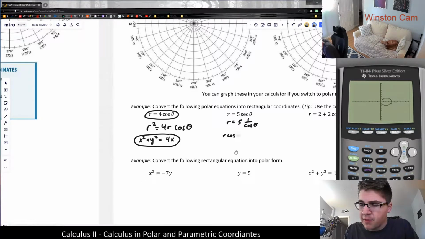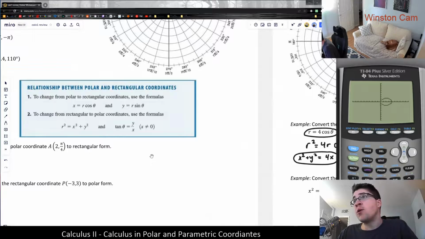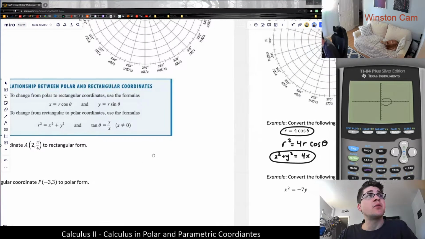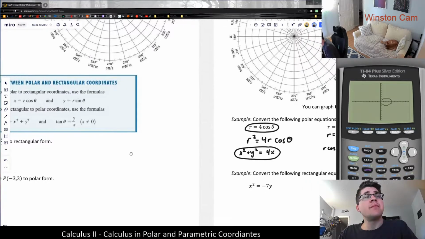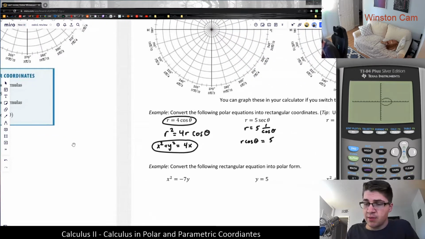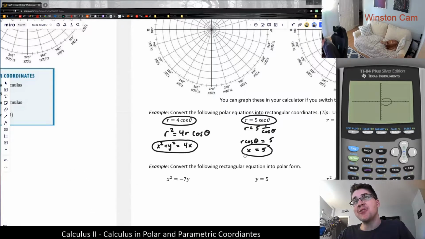The reason I would do that is because, as we know from our fundamental conversion relationships between polar and rectangular coordinates, r cosine theta is equal to x. So what this leaves us with is the equation x is equal to 5, the rectangular version of the same equation. In this case, the rectangular equation is much simpler.